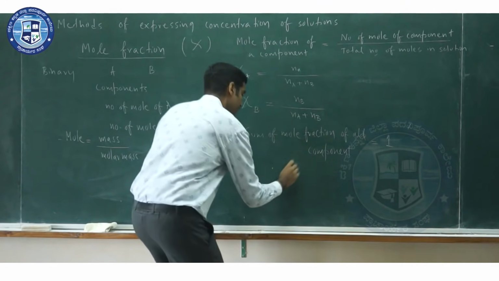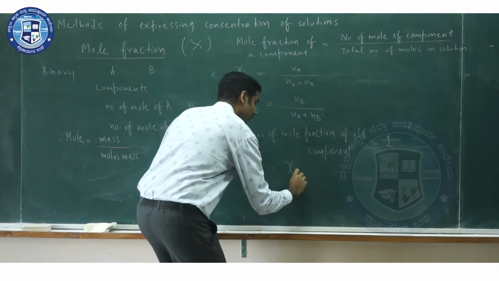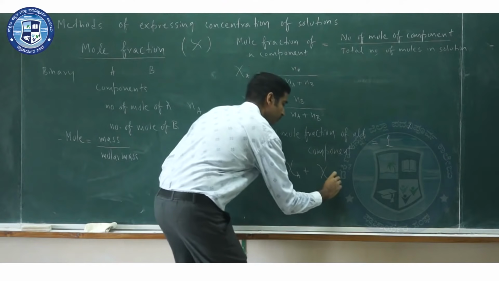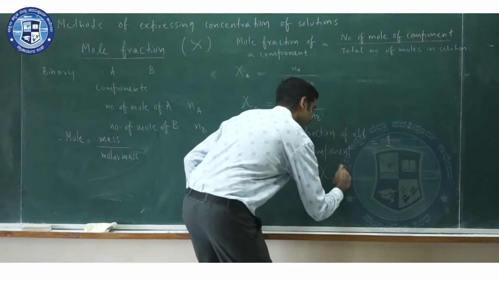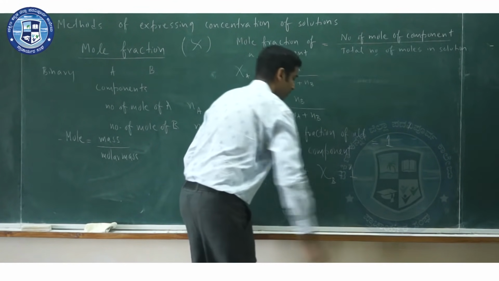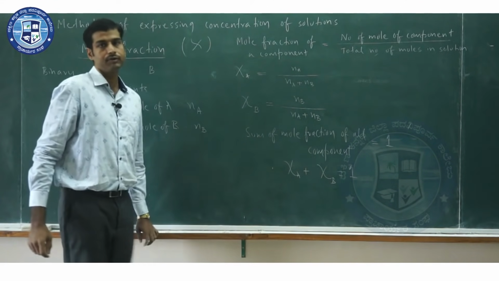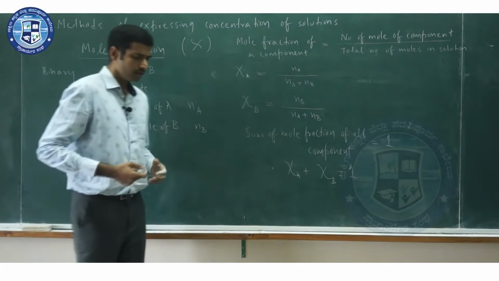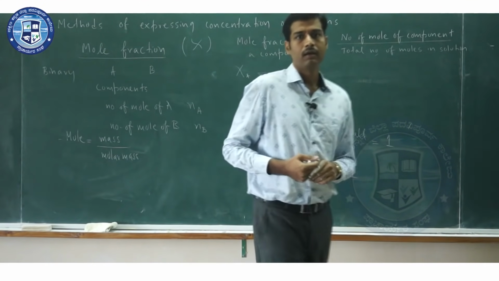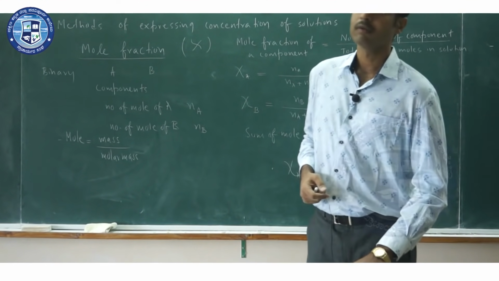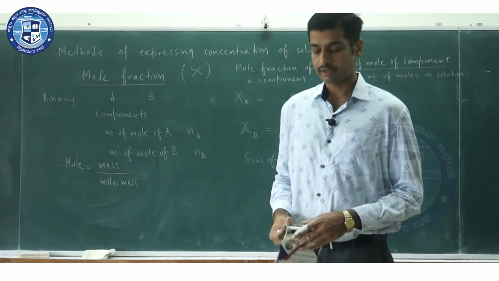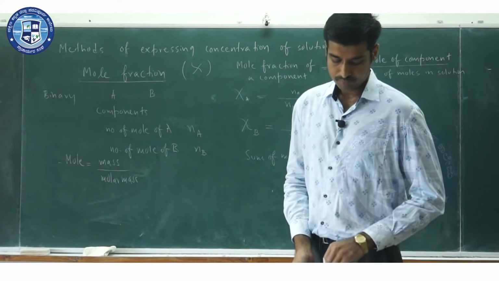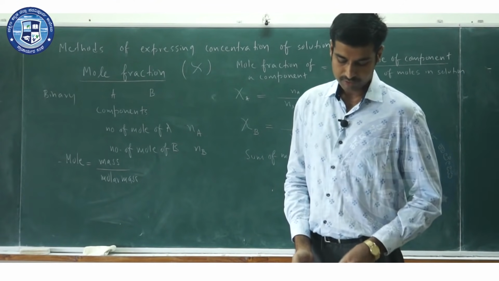That means if I take mole fraction of component A plus mole fraction of component B, this will be equal to 1. A very important relation which we are going to use later on. But then, just to get some practice, let me solve a problem based on mole fraction. So we have a problem based on mole fraction.